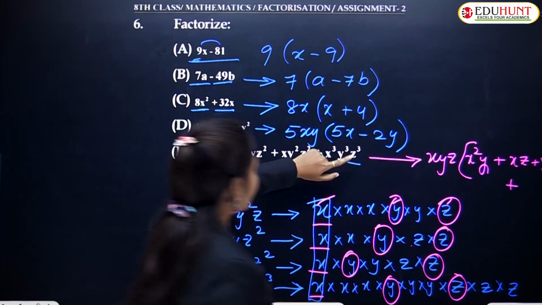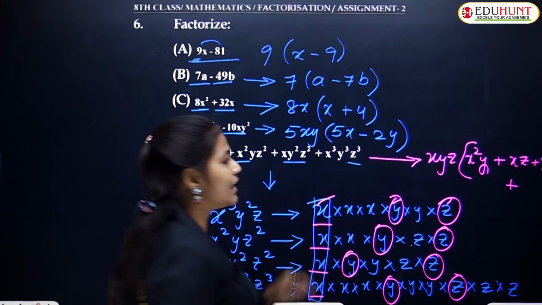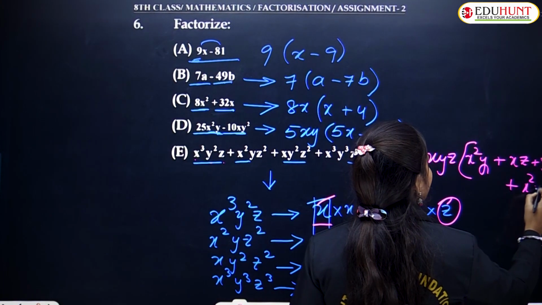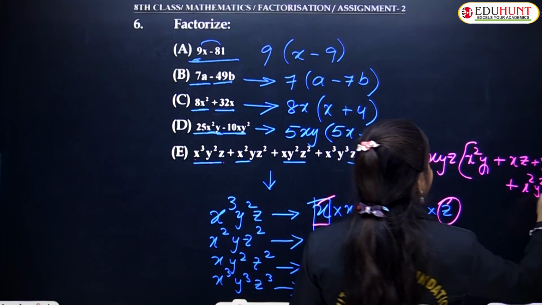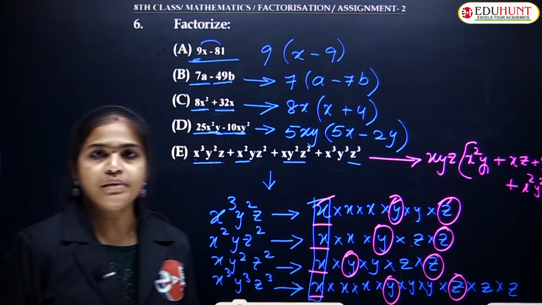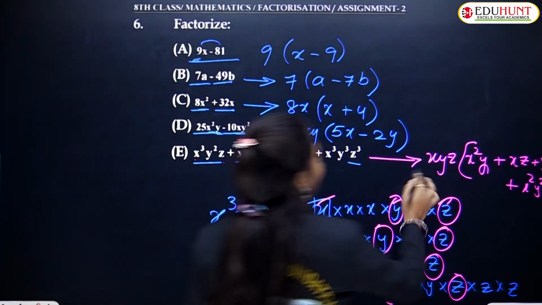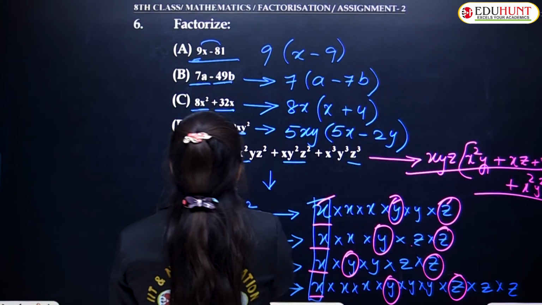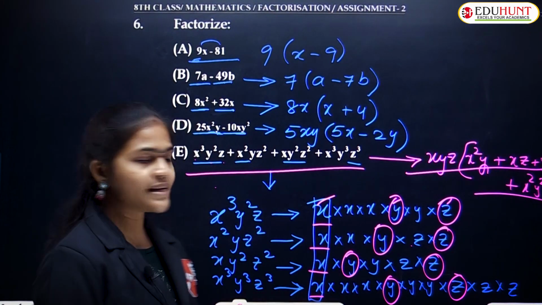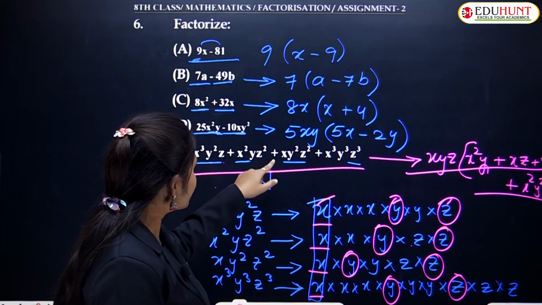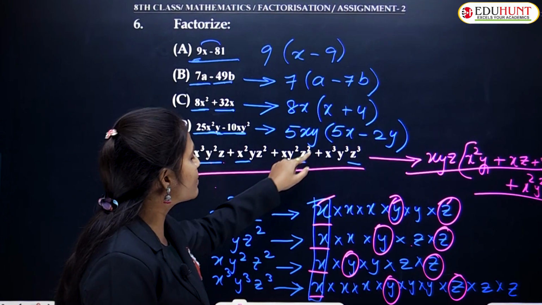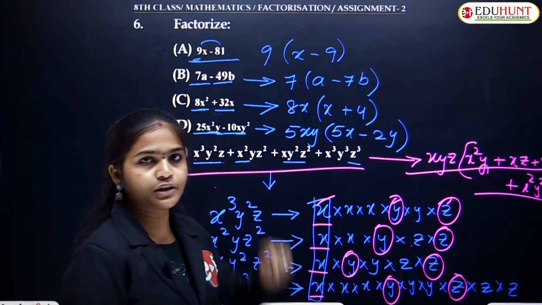Plus from this one xyz one time only we took as common, so the leftover is x square y square z square. Understand? So this is the required factorization of the given expression: x cube y square z plus x square y z square plus x y square z square plus x cube y cube z cube.